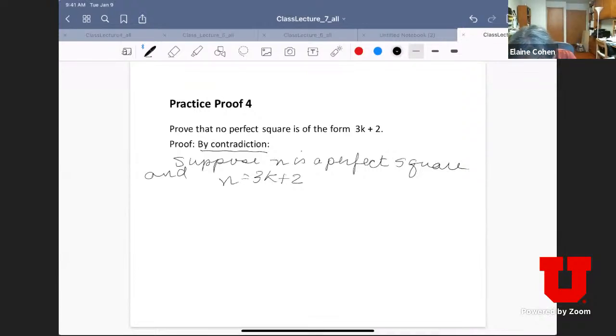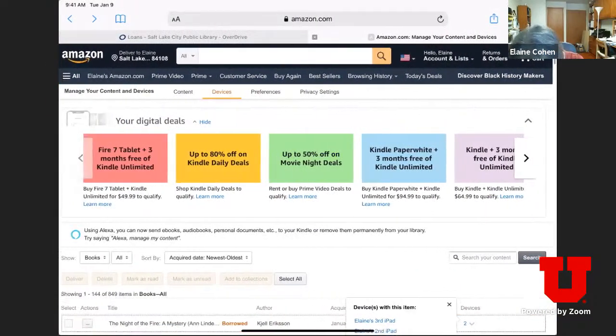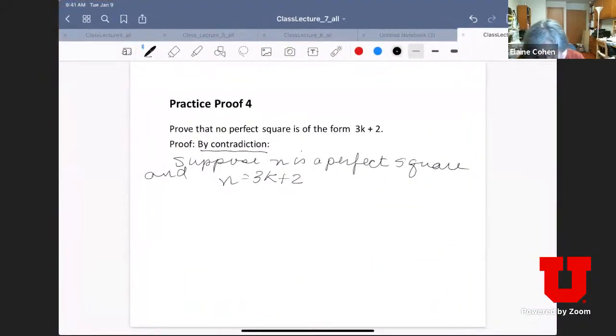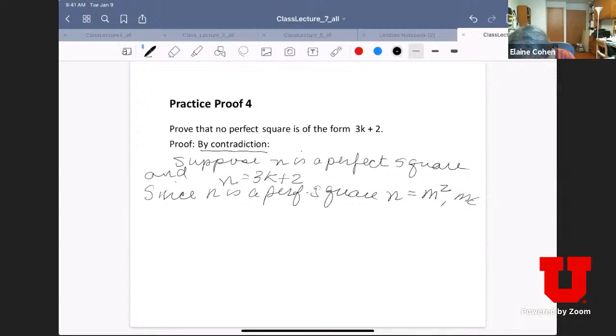Since n is a perfect square, n is equal to m squared for some m in Z. That's the definition of perfect square.